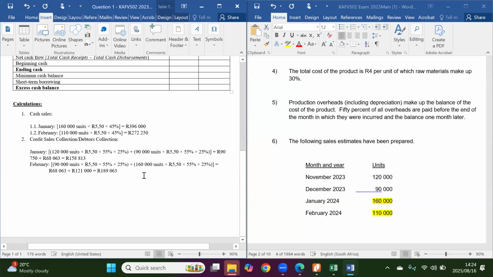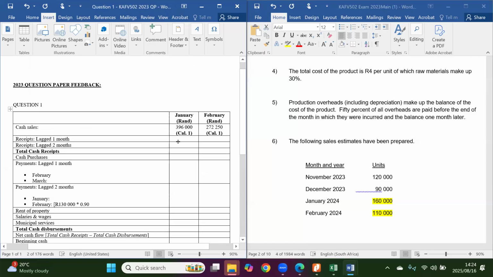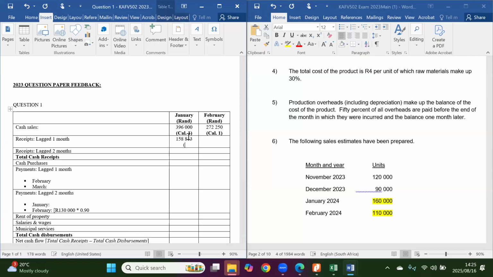So we're going to put 158,813 over there, and then show the calculation reference, which is calculation 2. And then the other one we got is 189,063. Again, that's coming from calculation 2. So you show it like that.